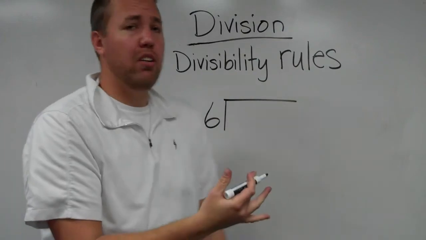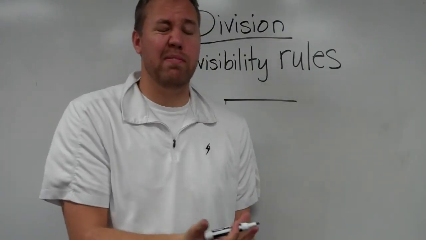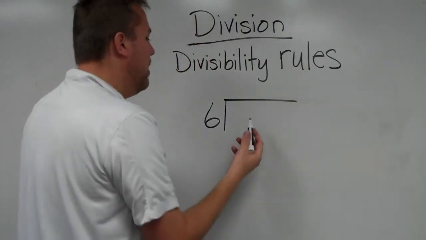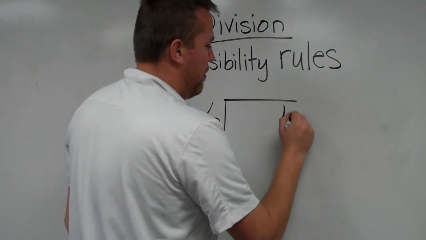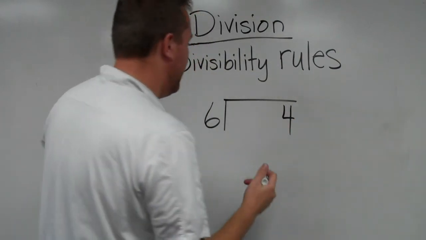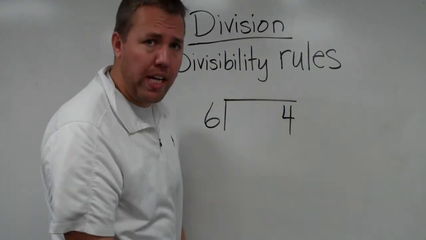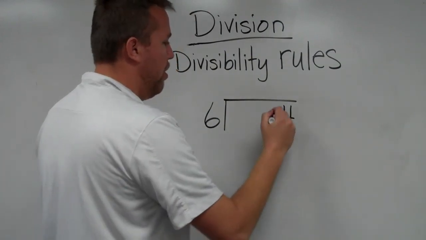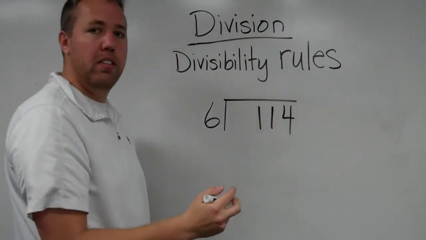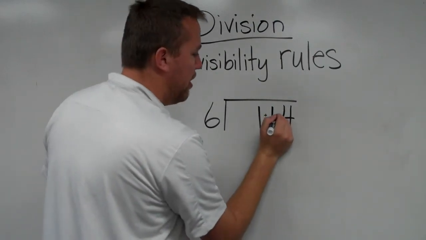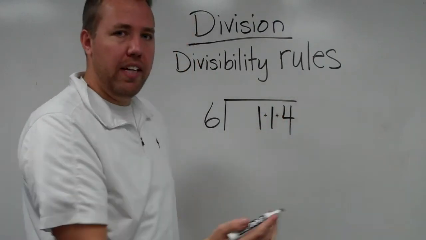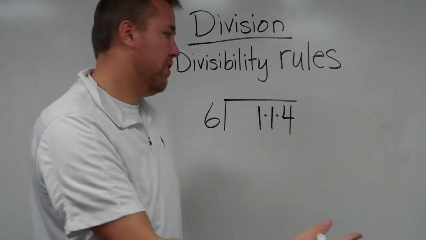So first off, 6 can only go into even numbers. So let's just throw an even number there, any 2, 4, 6, 8, or 0. So then it has to work for 3. So let's say 114. Does that work? Yes, because 1 plus 1 plus 4 equals 6. 3 goes into 6.